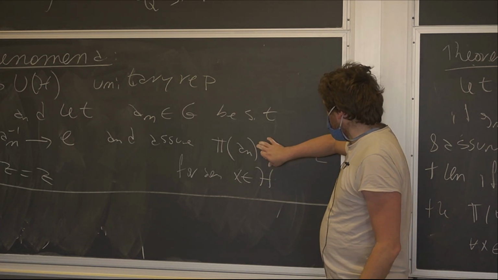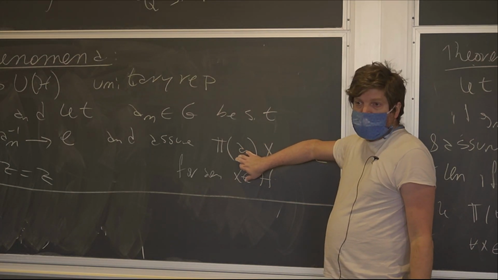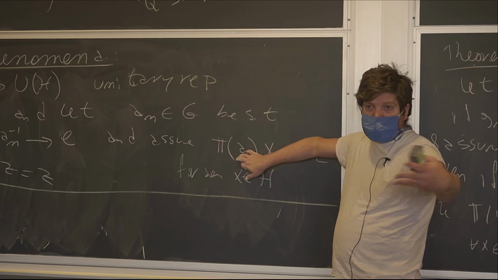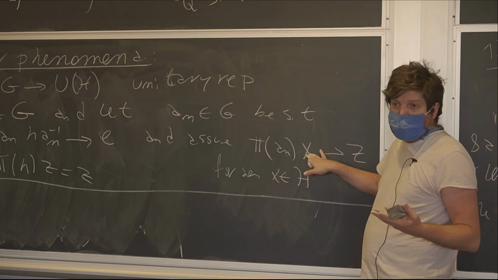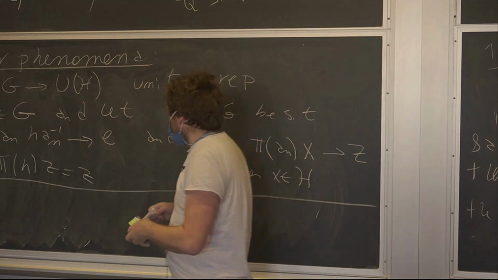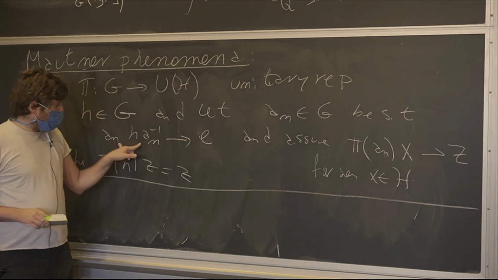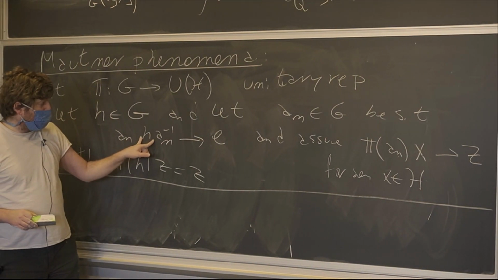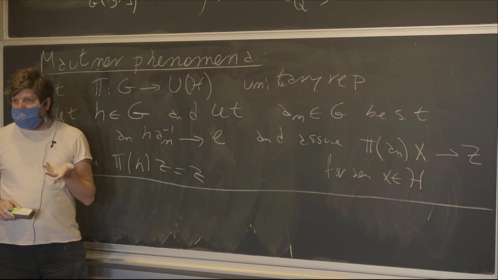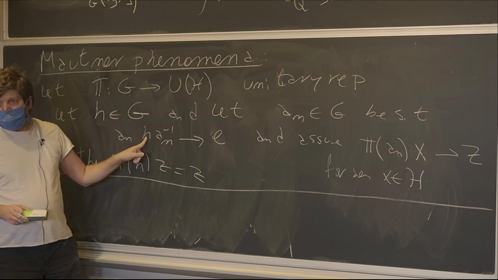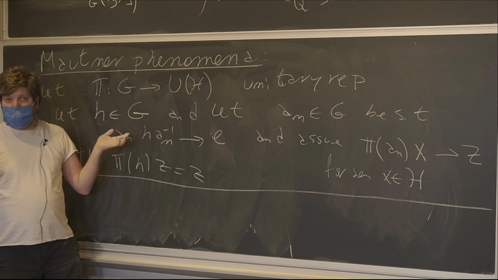So imagine that X were invariant by AN, and AN is your diagonal dynamics, then it means that X equals to Z. And then the guys doing that are exactly the stable or unstable directions for this expansion inside the geometry.